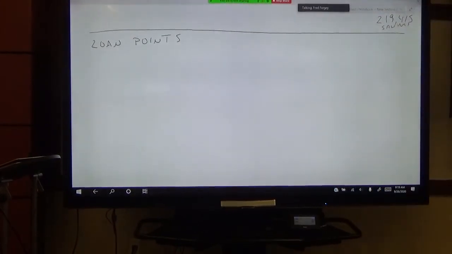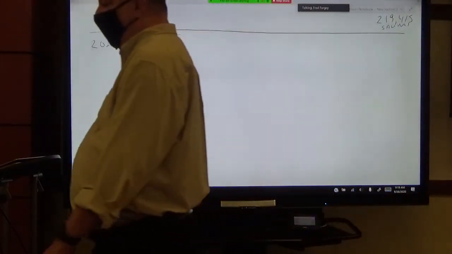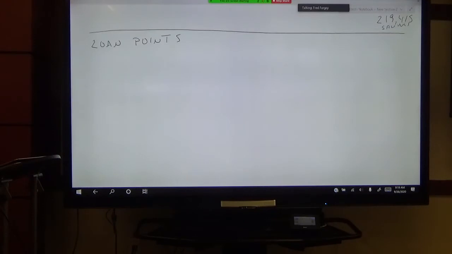And a lot of people will say, what? What do you mean 2 points to close? Well, what they're referring to are loan origination fees, loan points, loan processing fees, whatever you want to call these. And so, just to explain real briefly where this comes from.